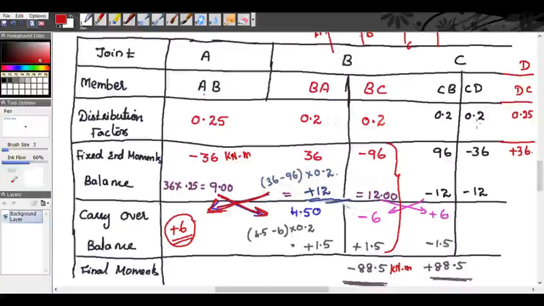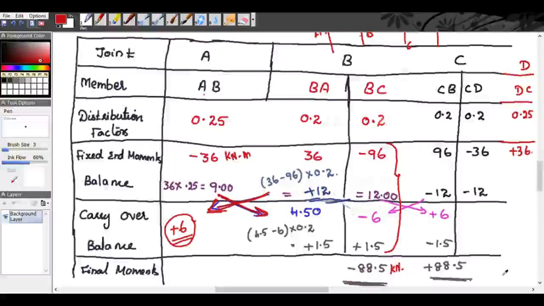Similarly, at joint C, for the span BC, your moment is this 96 minus 12 plus 6 minus 1.5, it is plus 88.5 kilonewton meter. So in our question, we are asked to analyze only the span BC.